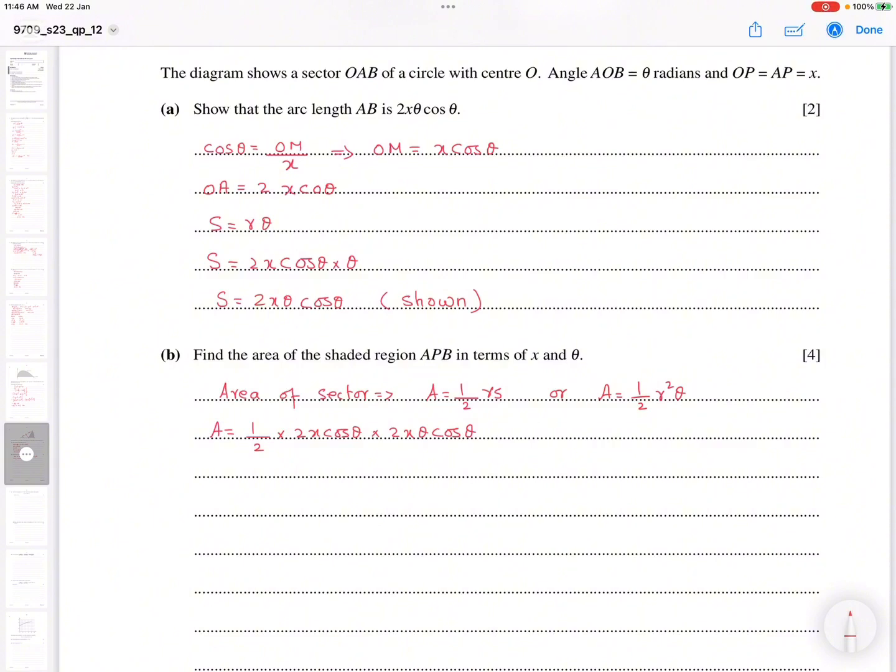So this 2 and 2 are gone, A equals x squared theta cos squared theta.